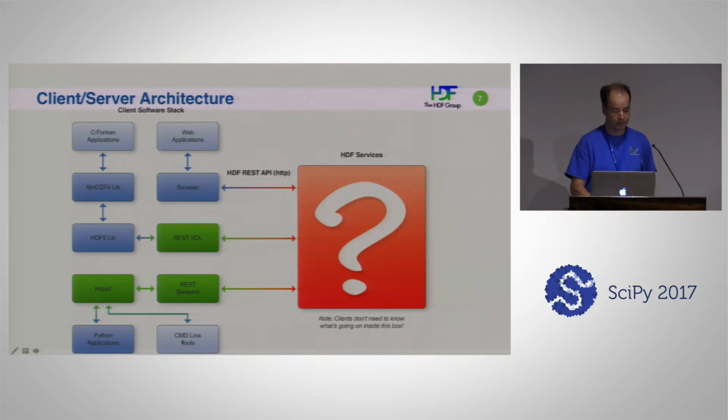And there are a set of command line tools that also use h5pyd. In progress is what's called the REST VOL. So VOL is like a plugin for the HDF library. Basically, it substitutes a different backend to the library. And this will enable C and Fortran applications to use the HDF service without any change in their source code.